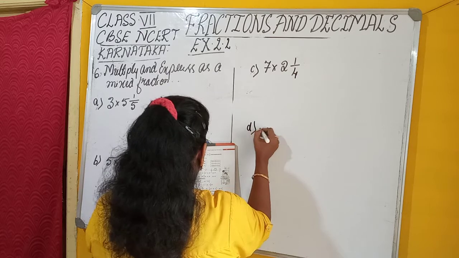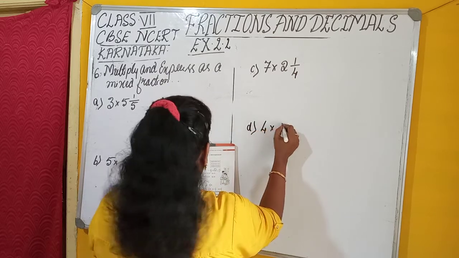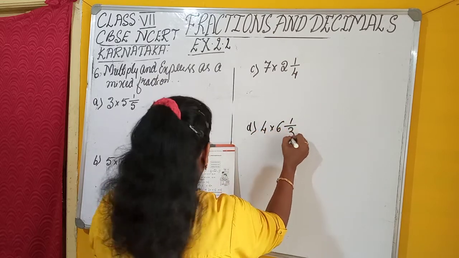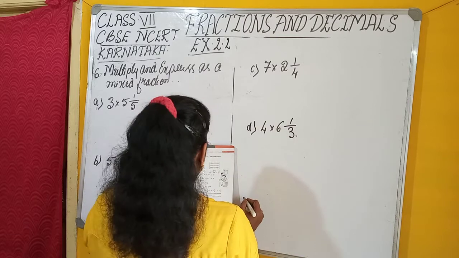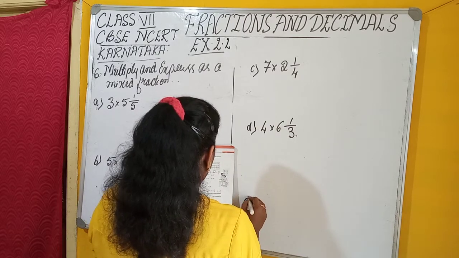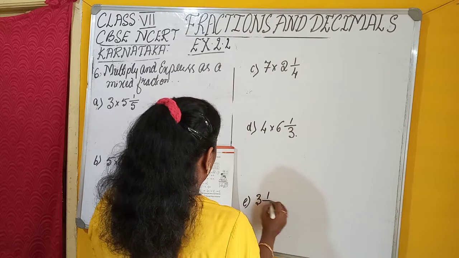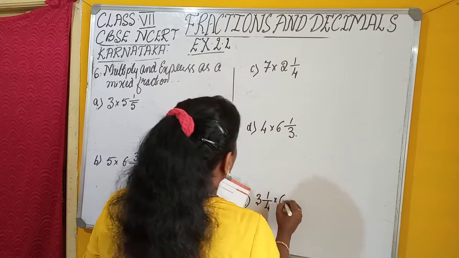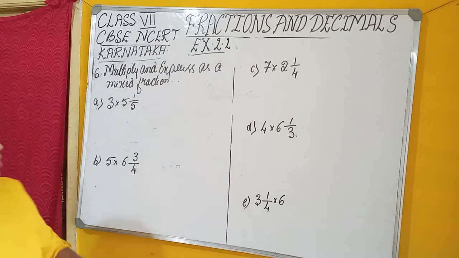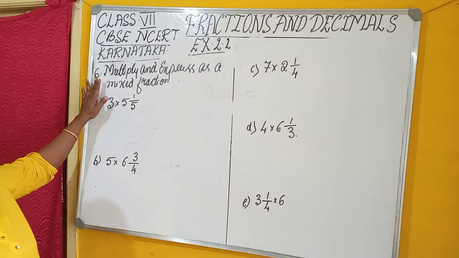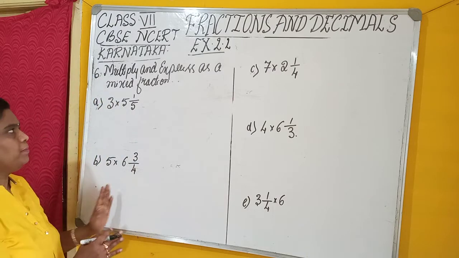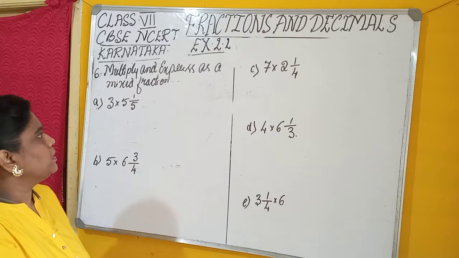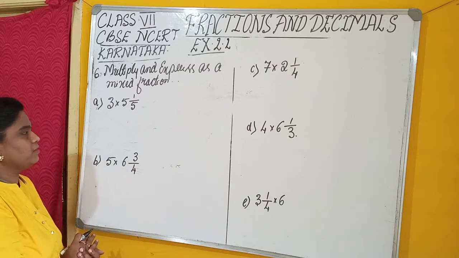And then 4 into 3 1/3. Next is 3 1/4 into 6. Okay, look at the heading: multiply. First what we have to do, multiply it and then express as a mixed fraction.